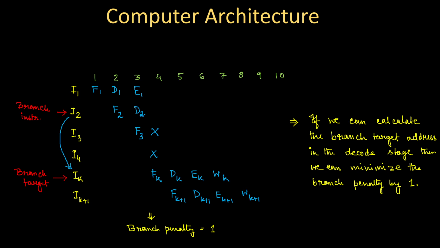Somehow we have to find some alternative, and one of the most important alternatives can be instruction queue and prefetching. Now, the question is, what is instruction queue and prefetching? So let's start.